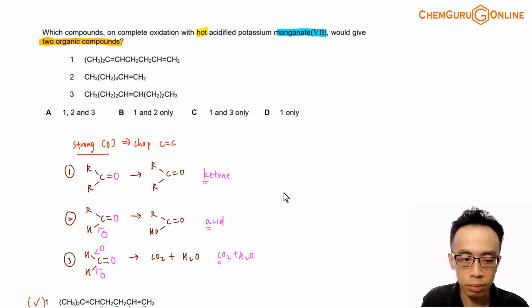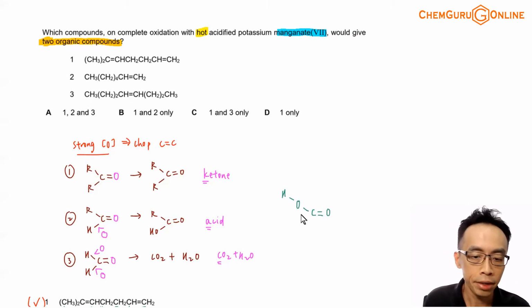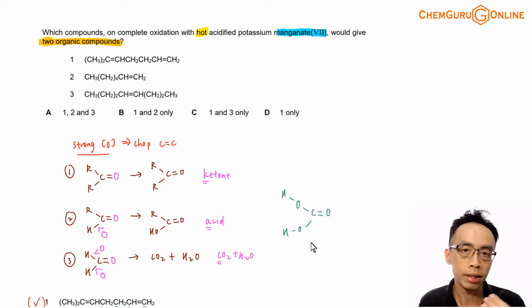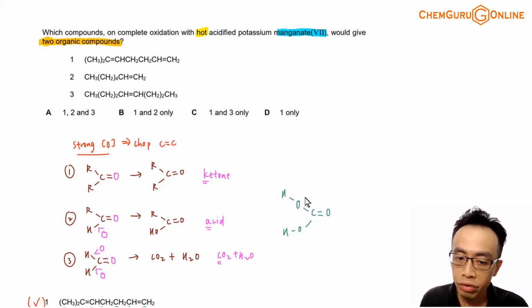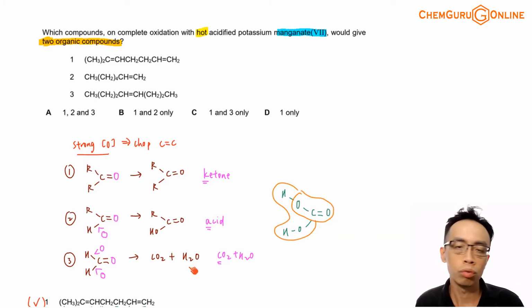Let me just draw out the structure here. If we squeeze in the oxygen, we end up with a compound that looks something like this. This is my carbonic acid, H2CO3, which will undergo a rearrangement reaction to give me CO2 plus water. So you notice the product will be CO2 plus water.